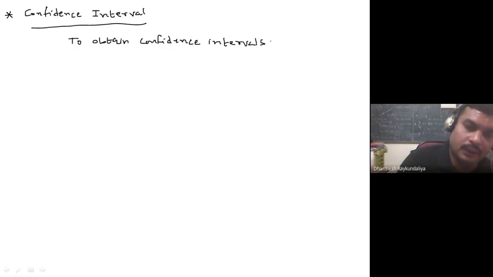Here we are not obtaining the confidence interval for a single parametric function. We are obtaining the confidence intervals for m linearly independent estimable parametric functions.